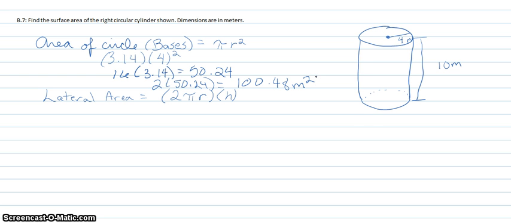Okay, then we need to find our lateral area. Now, if we were to open this up, we would have a rectangle, and 10 meters would stay the same as our height, but this length here is the circumference of the circle, so that's 2 pi r. So our circumference is going to be 2 times 3.14 times 4.